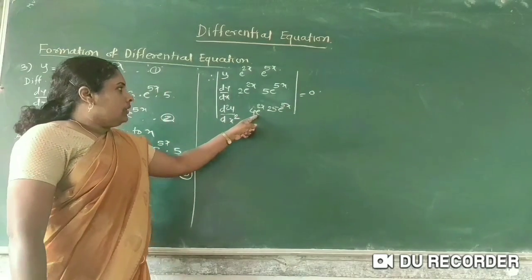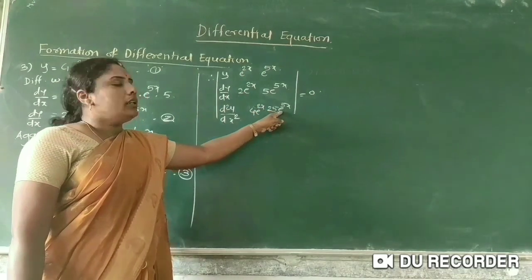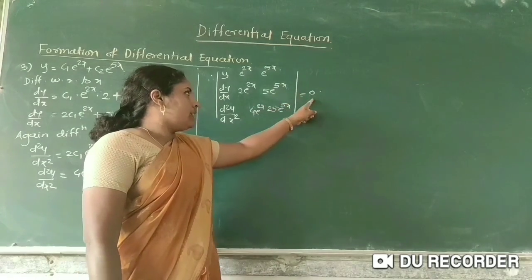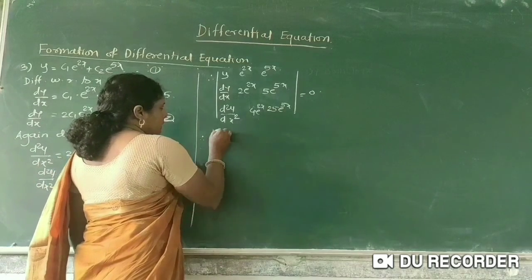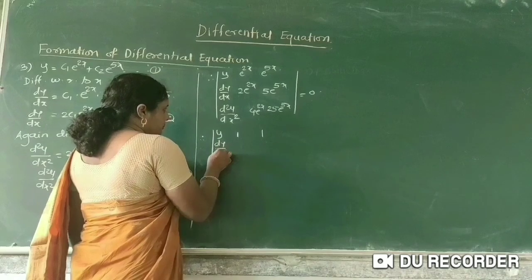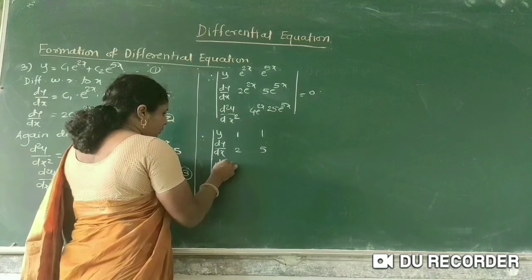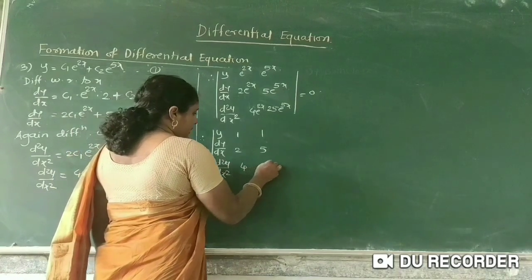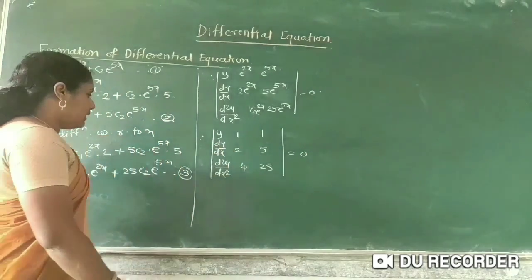Take common e raised to 2x in second column and e raised to 5x in third column and they get cancelled. We get the determinant as y, 1, 1; dy by dx, 2, 5; d2y by dx square, 4, 25, is equal to 0. And solve this determinant.